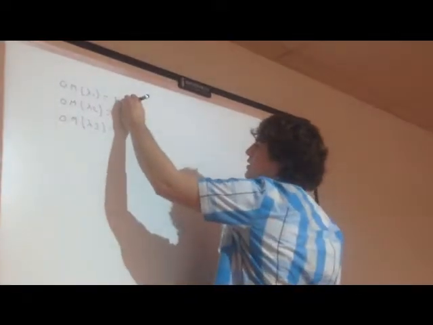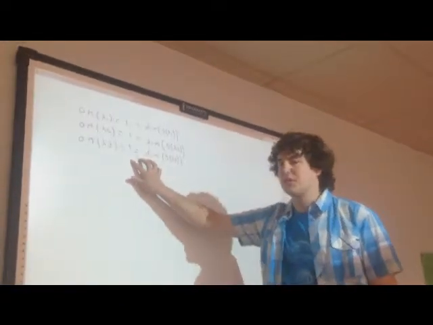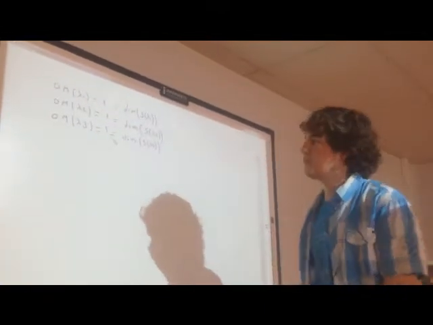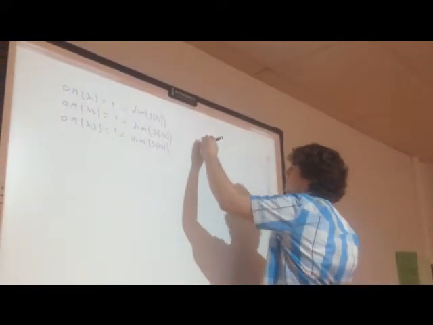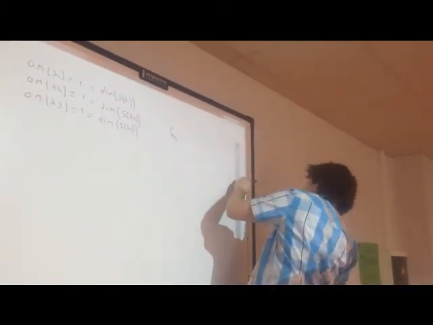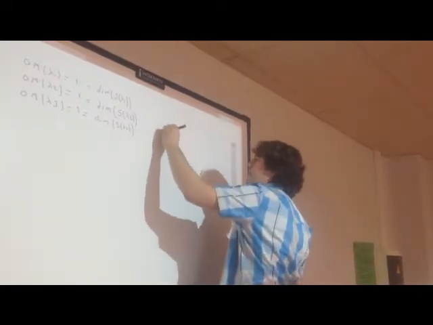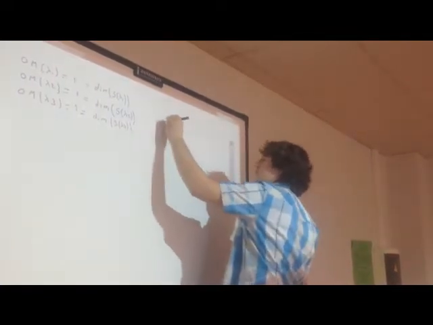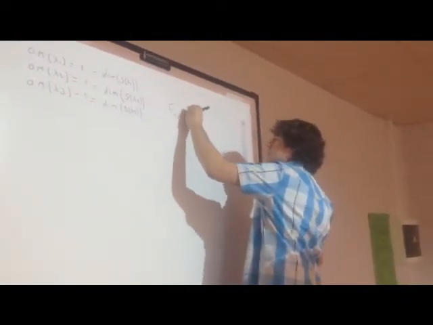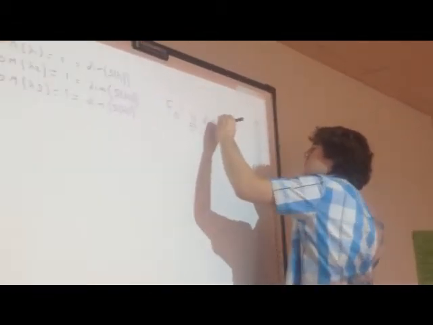So this equals the value of the dimension. So this means that since all 3 values match, the resultant matrix is going to be diagonalizable. Okay? So it turns out to be that B is diagonalizable.